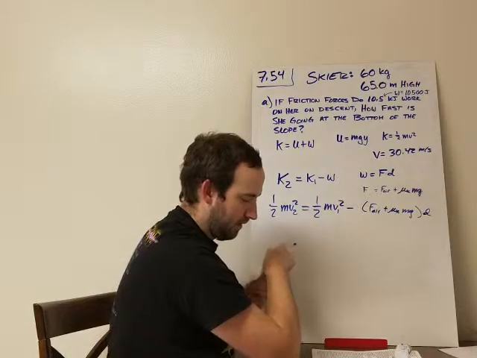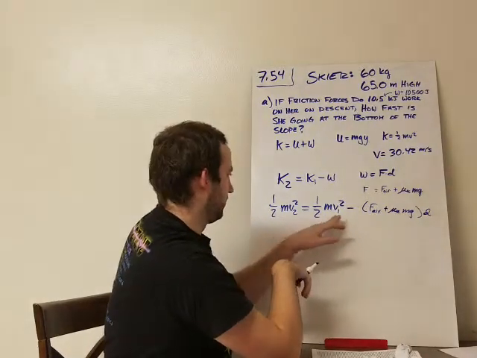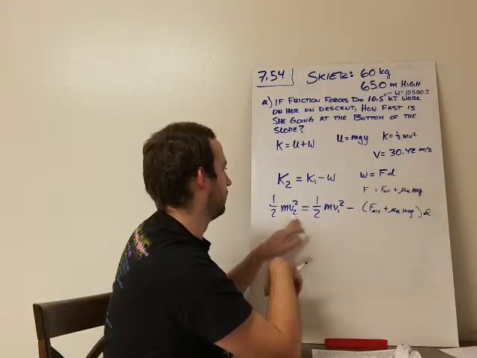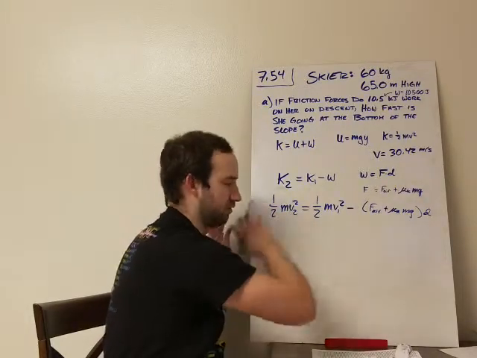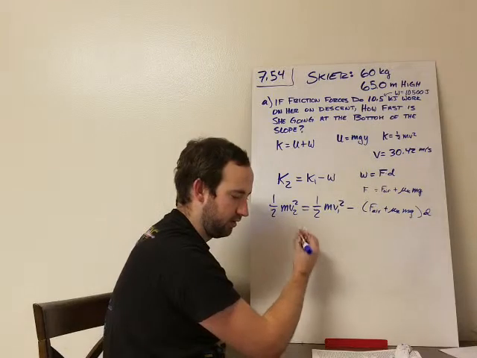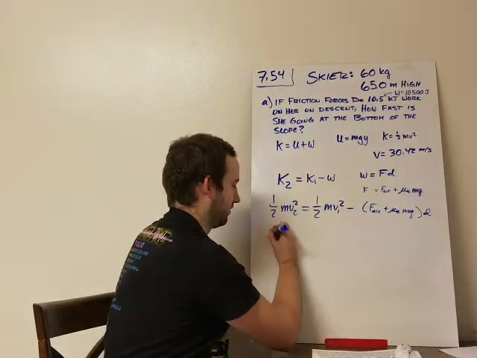Now we can solve. We want to know v2, because v1 is our initial velocity. So just rearrange everything, it's just some simple algebra.